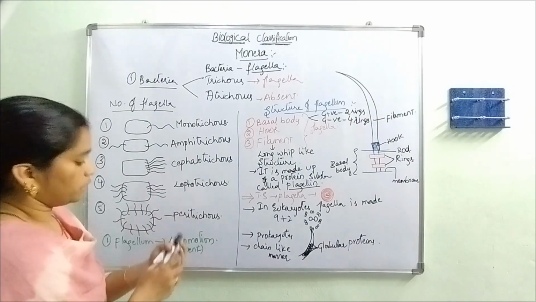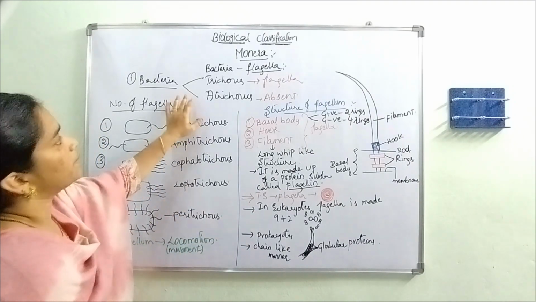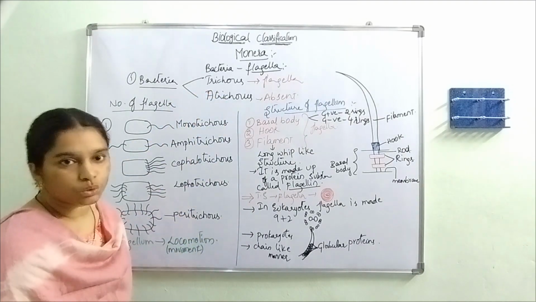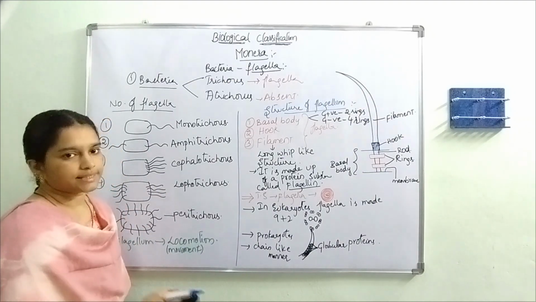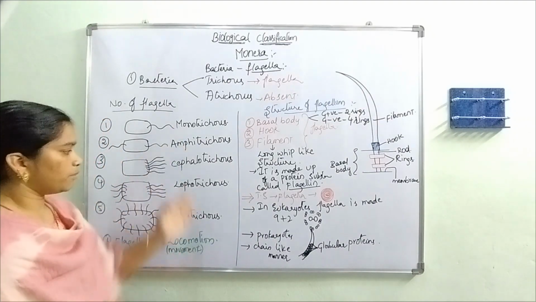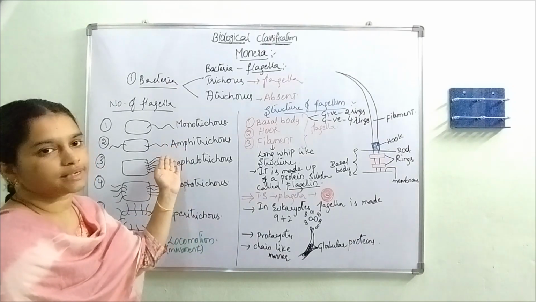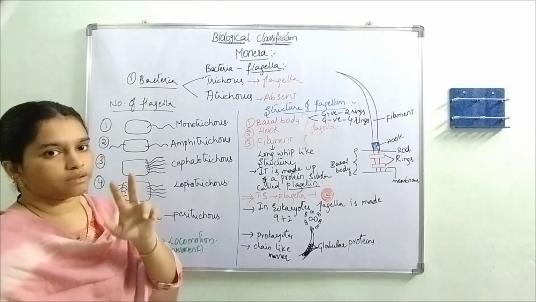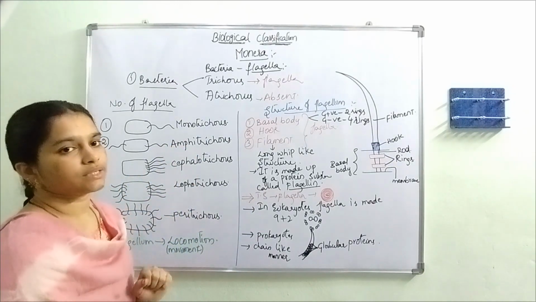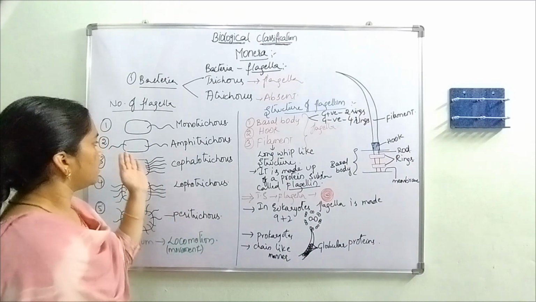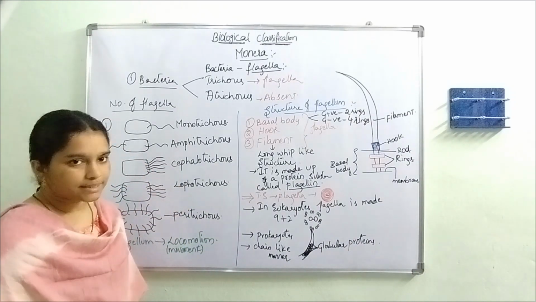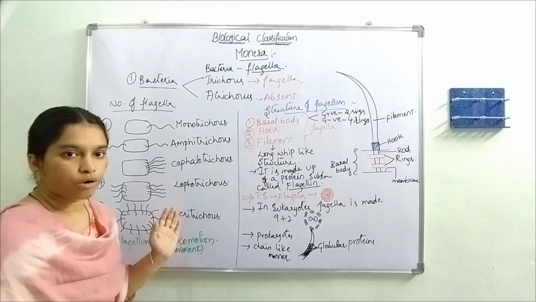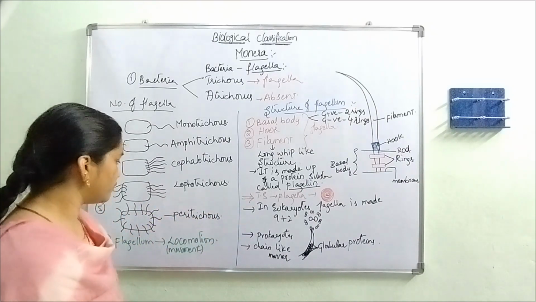So, bacteria are divided into 2 types based on the presence and absence of flagella. They are trichous and atrichous, and by number of flagella, monotrichous, amphitrichous. If 2 flagella are present on either side of the bacteria, or a tuft of flagella on one side, or a tuft of flagella on both the sides, it is called lophotrichous.